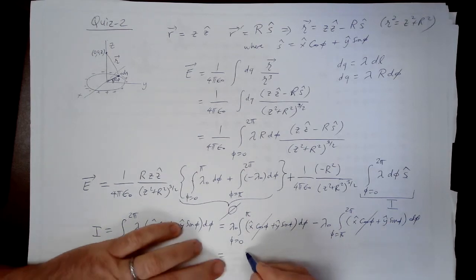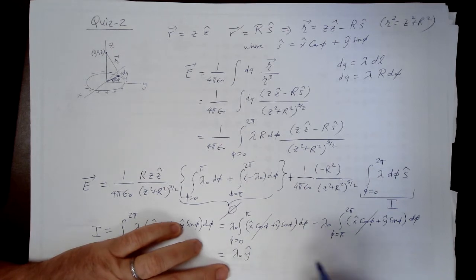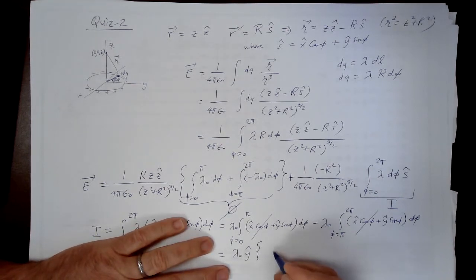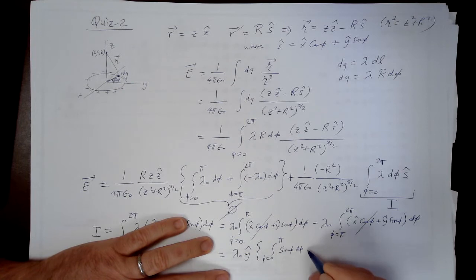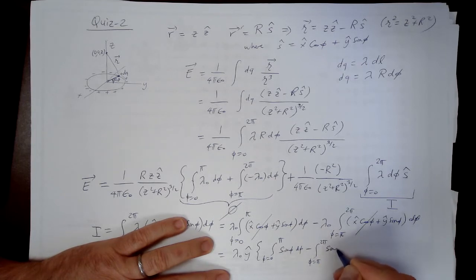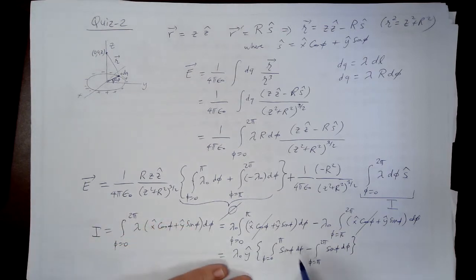So if I rewrite this, lambda naught y hat, and then I have phi 0 to pi sine phi d phi, minus phi pi to 2 pi sine phi d phi. Okay, so let's evaluate this.